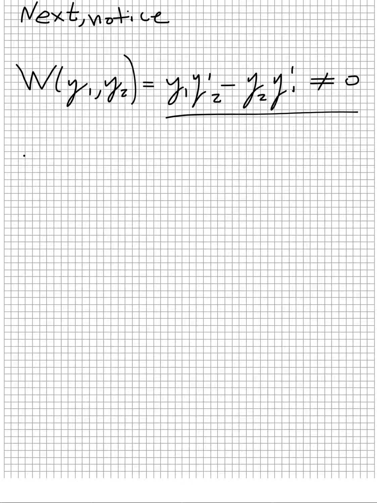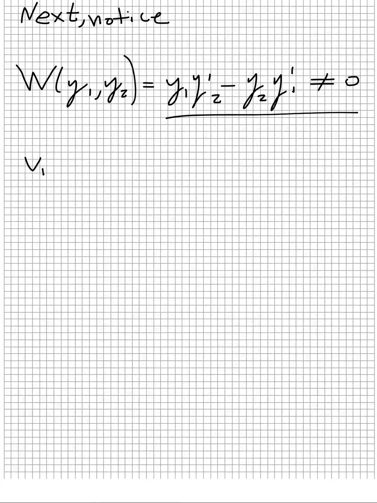All we need to do now is actually integrate equation 8 and equation 9 in order to determine what the actual functions u1 of t and u2 of t are. So doing this gives us the following. u1 of t equals negative integral, and that's going to be y2 times g of t, okay, divided by, can you guess what it's going to be?